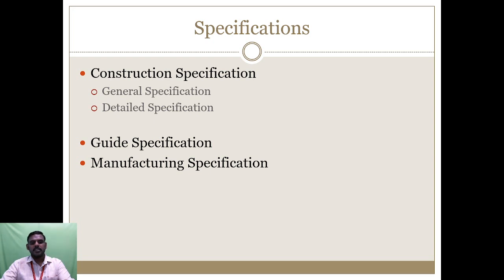Next, guide specification. Guide specification is like a procedure to follow for the construction sequence. We have to know the method of construction. The guide specification means the method statement of each and every activity.